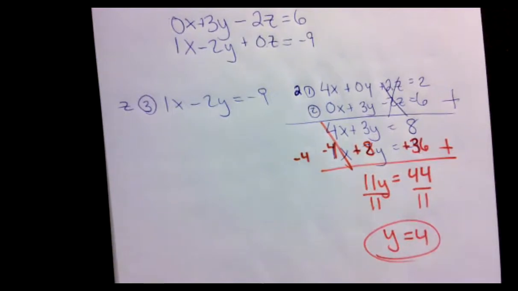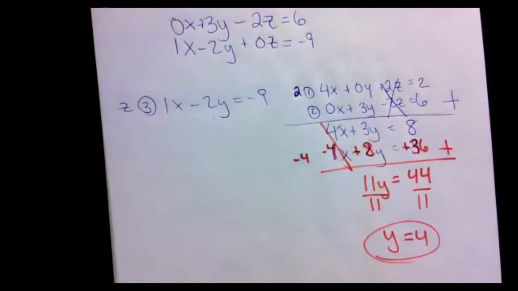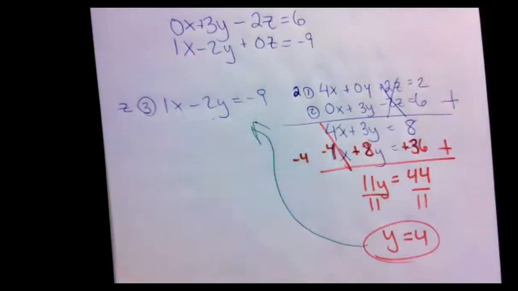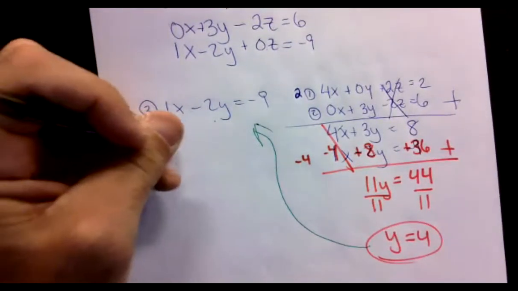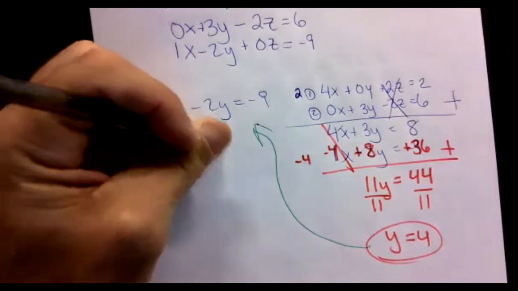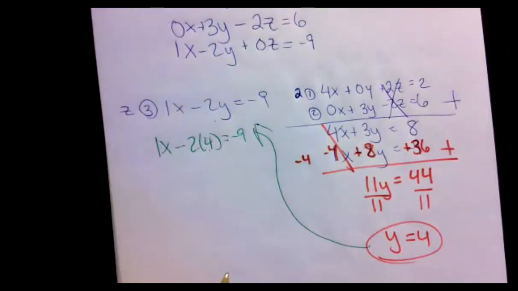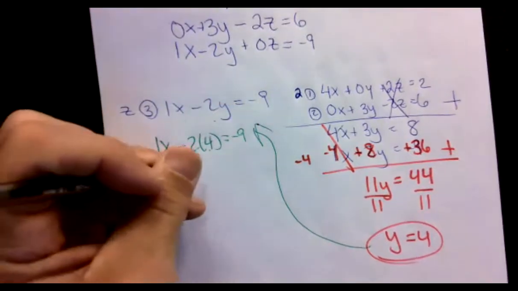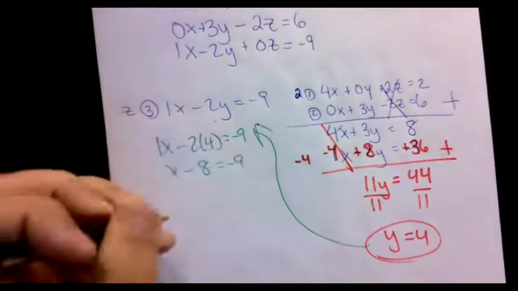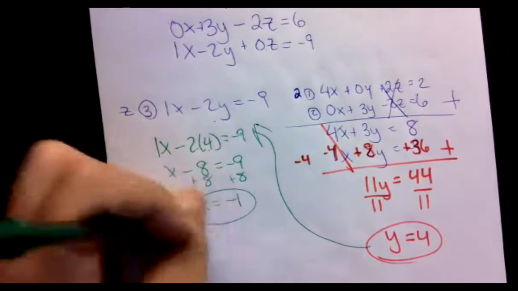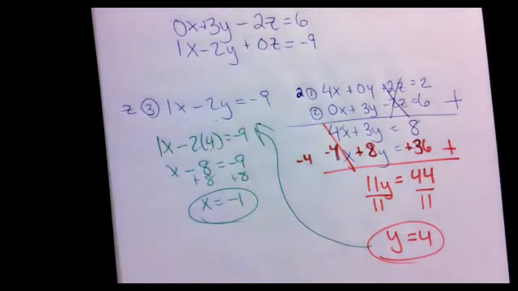Now remember, I want to plug him into one of these two variable equations, doesn't matter which one. It's a little cleaner over here, so I'm going to plug it in over here. So 1x minus 2y, remember y was 4, equals -9. So x minus 8 equals -9. Add 8 to both sides. X is -1.